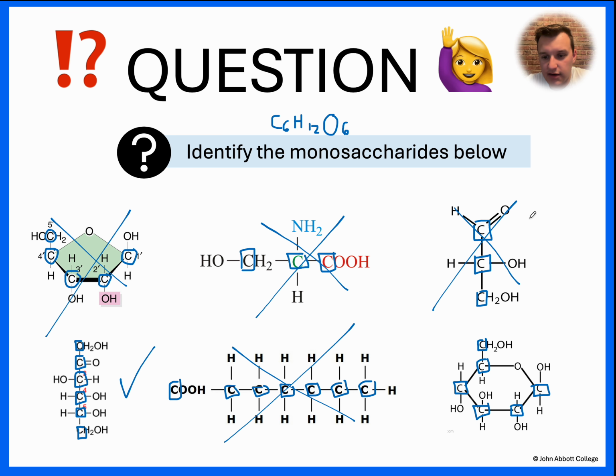Let's count the hydrogens. 2, 3, 4, 5, 6, 7, 8, 9, 10, 11, 12. Oxygens, 1, 2, 3, 4, 5, 6. So this is a monosaccharide. Do you see how this one's drawn in ring form and this one's in linear form? It's the same thing. It's just that they're drawn in different ways.